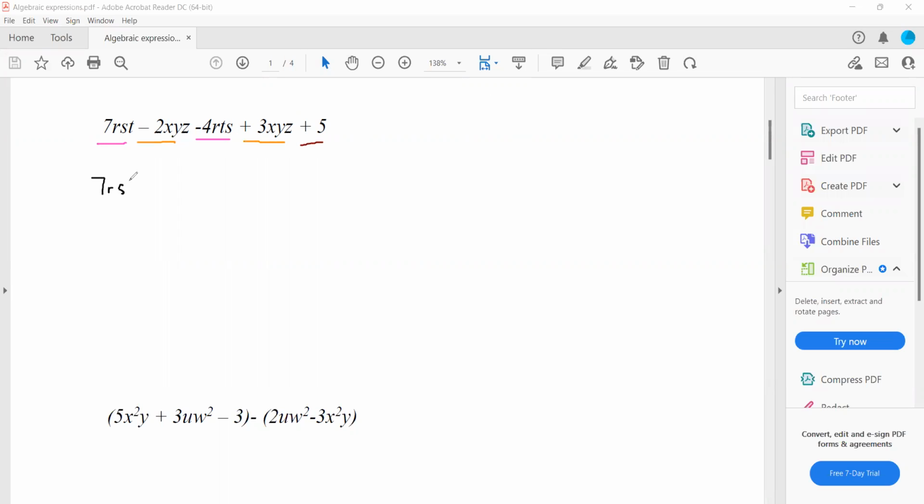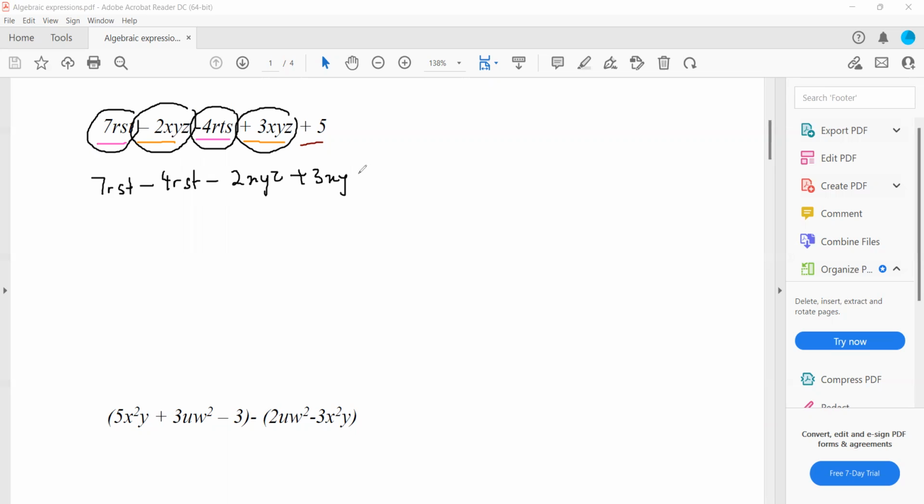So 7RST, and then here minus 4RST. Next is minus 2XYZ, then here we've got plus 3XYZ, and the last one is plus 5.